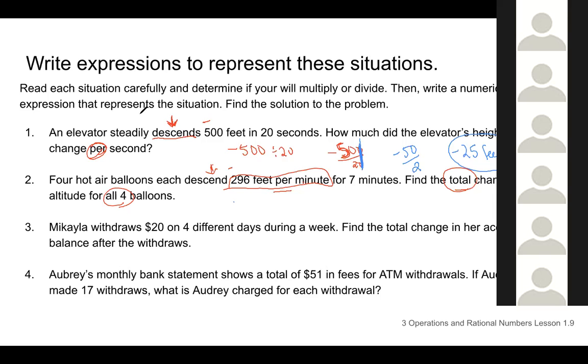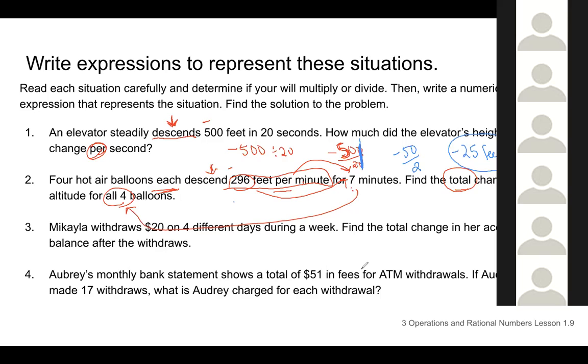For the first one, we had to find the speed. This one, we're given the speed, and we're told it's happening for 7 minutes. While it's 296 feet per minute, we don't know how much it has descended yet because we haven't multiplied. So we multiply this by this, and that's each balloon. After we get that answer, we still have to multiply again by 4. So we have 2 multiplications.